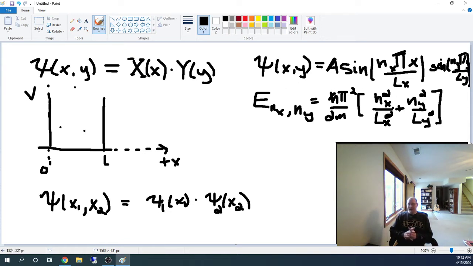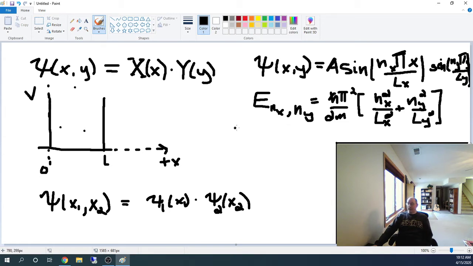3D is very similar. You just add the third dimension, and there'd be a third sine function that you multiply by. Once you've expanded from 1 dimension to 2, going from 2 to 3 isn't terrible, hopefully. The idea here is degeneracy.